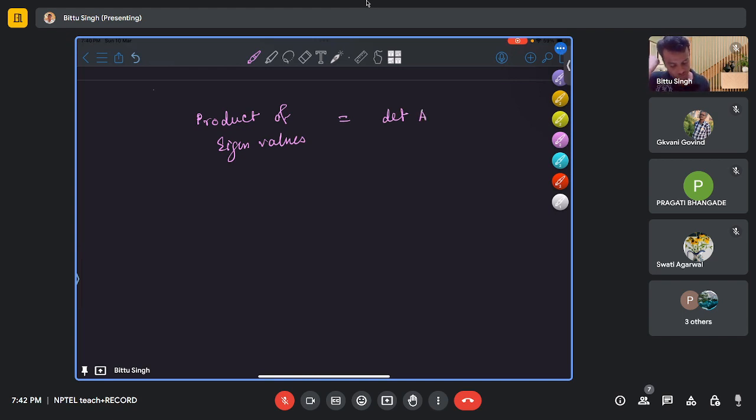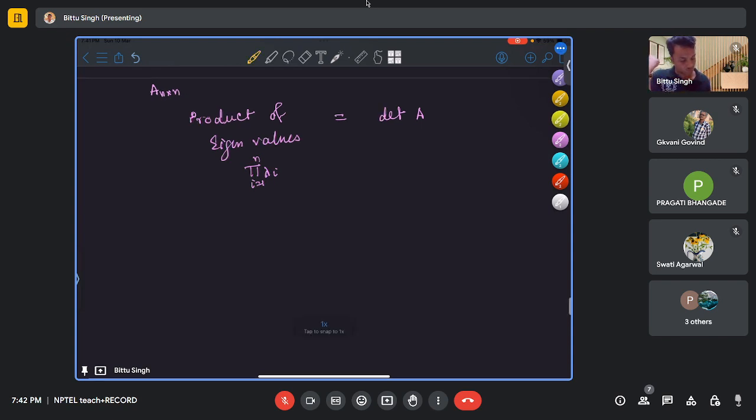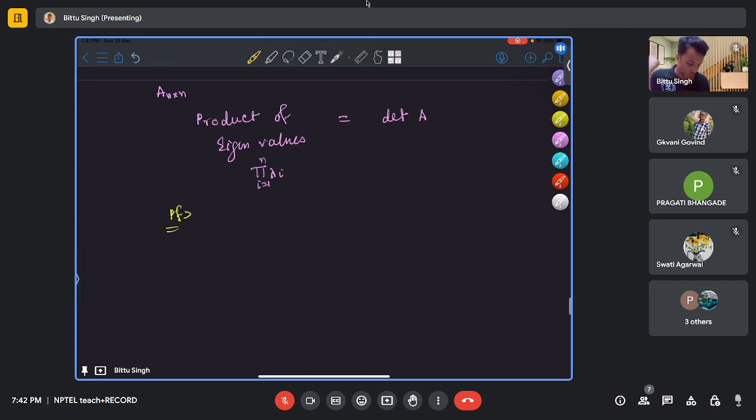So given an n by n matrix A, the product of the eigenvalues, with notation product of lambda i, is the same as the determinant of A. So how do we see this? The short proof will be like this.